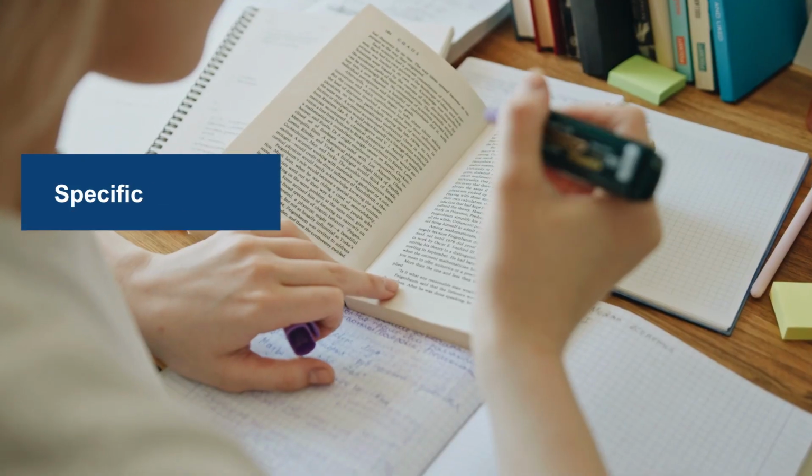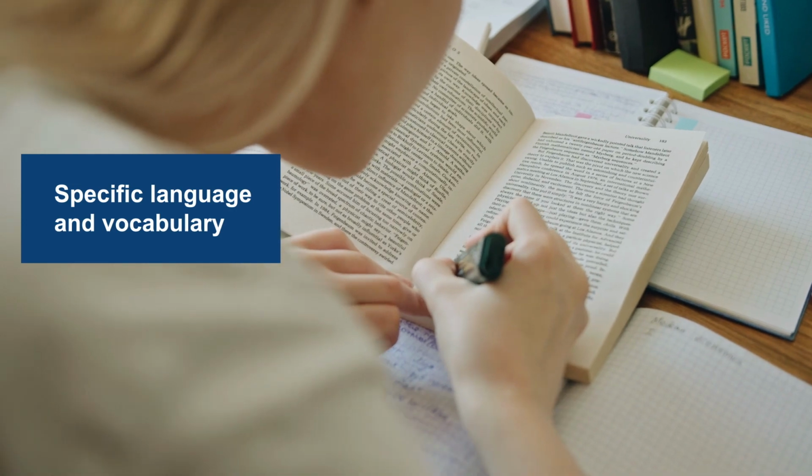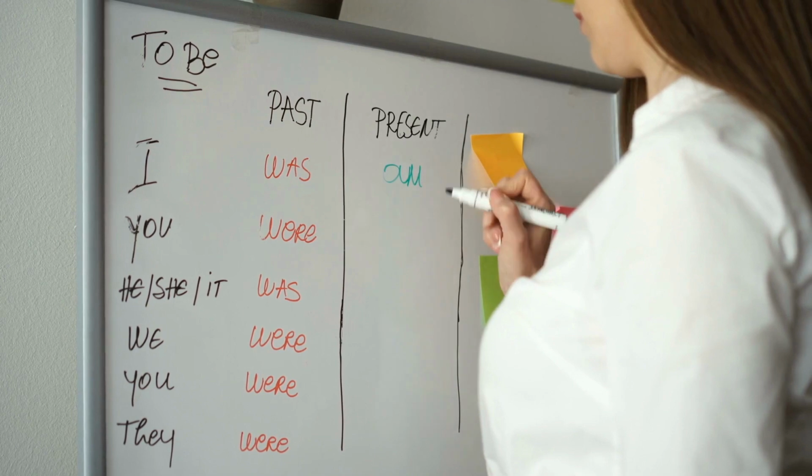And guys, the third tip I have is to include specific language and vocabulary. What I mean by this is, remember that the IELTS writing section is assessing your ability to write in different sentence structures or using different grammar points.